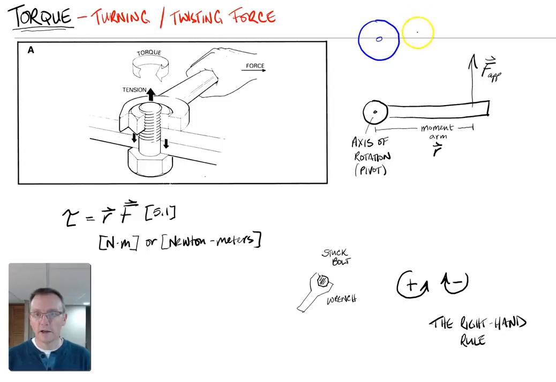Your engine is providing a spinning force right there, and then it gets transmitted to the axle of the wheel. Now, what's happening is that the turning that comes out of the engine is actually being applied to the wheel right here. And as a result, the axis of rotation is right here in the center, and the whole wheel spins. So the whole wheel is spinning around like so.